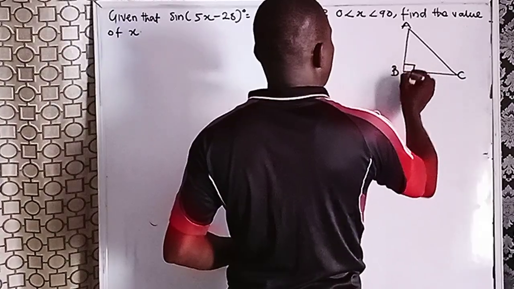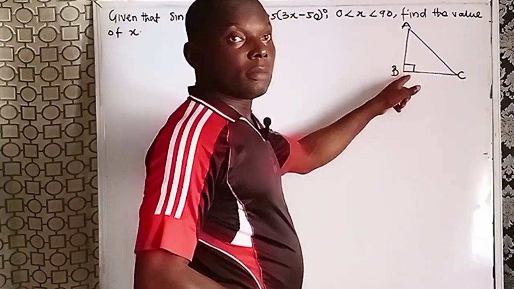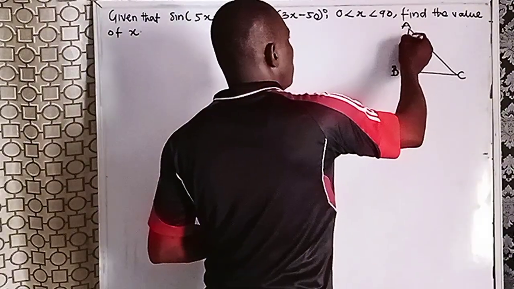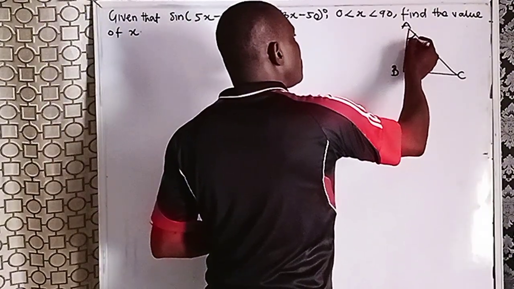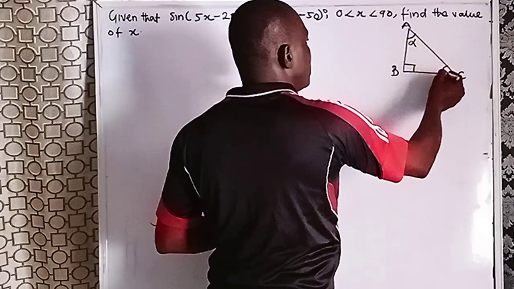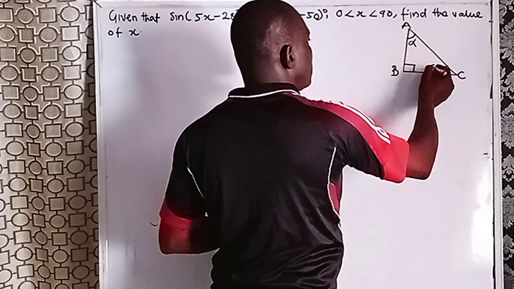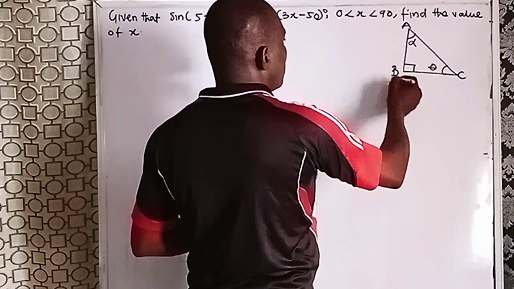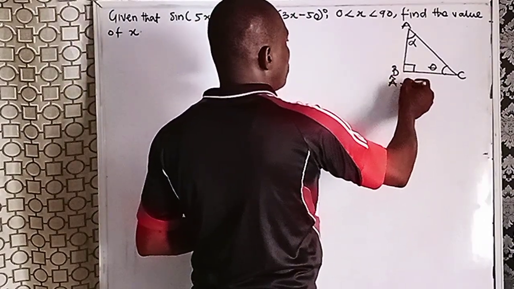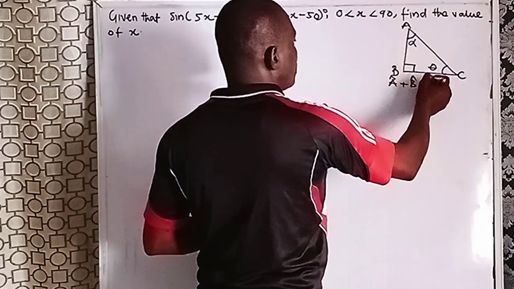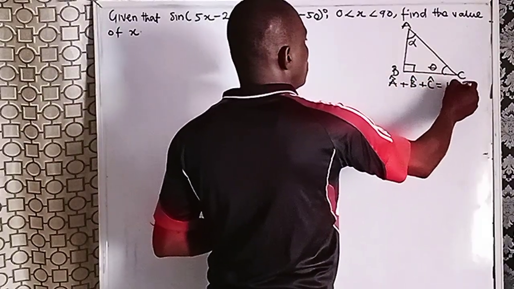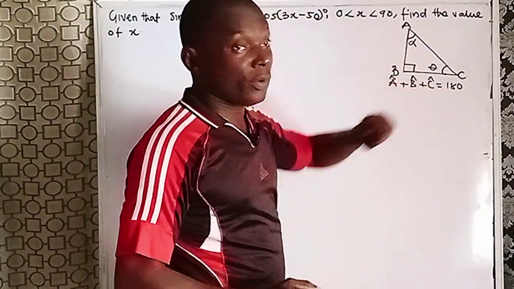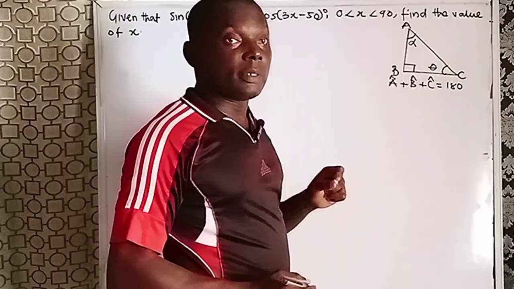This angle here is 90 degrees. Then we label this angle alpha, and this angle C here theta. The sum of the interior angles of a triangle add up to 180 degrees.